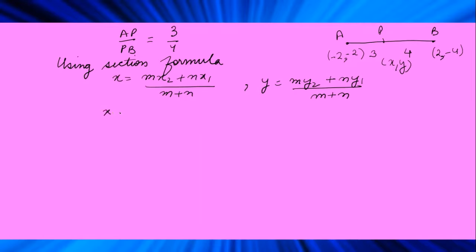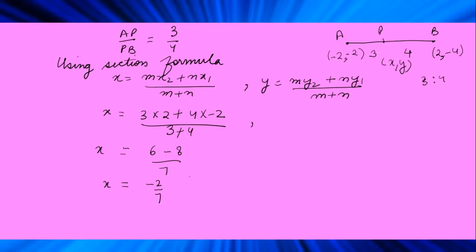So you can say x is, m is in the ratio 3 is to 4, so it will be (3 into 2 plus 4 into -2) upon (3 plus 4). So x is (6 minus 8) upon 7, or you can say x is -2 upon 7.